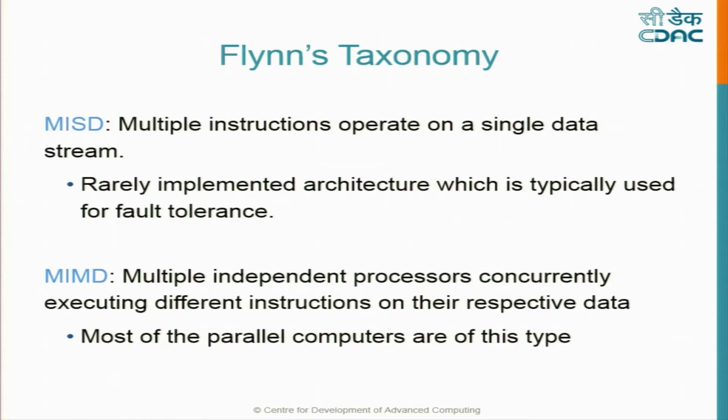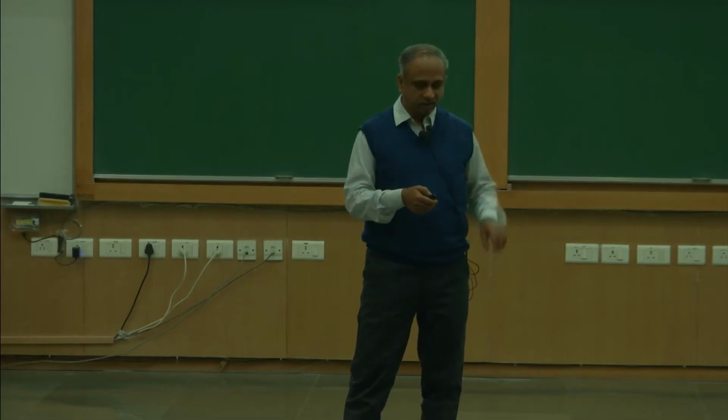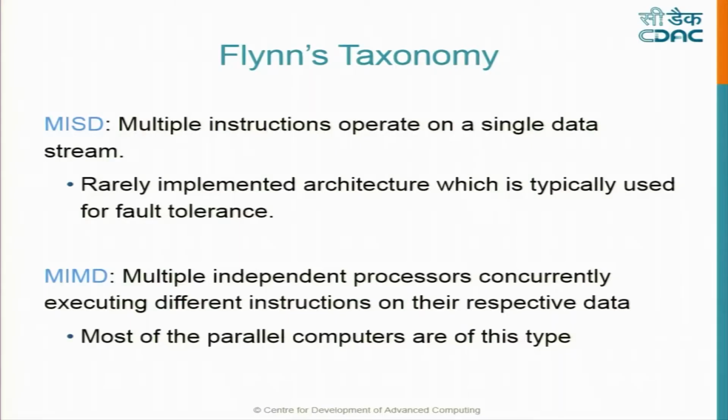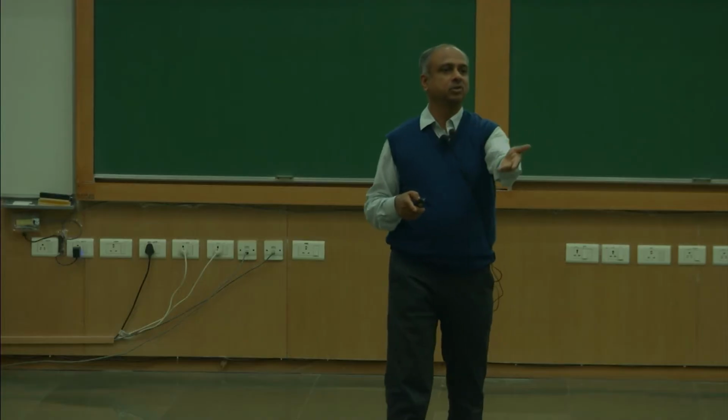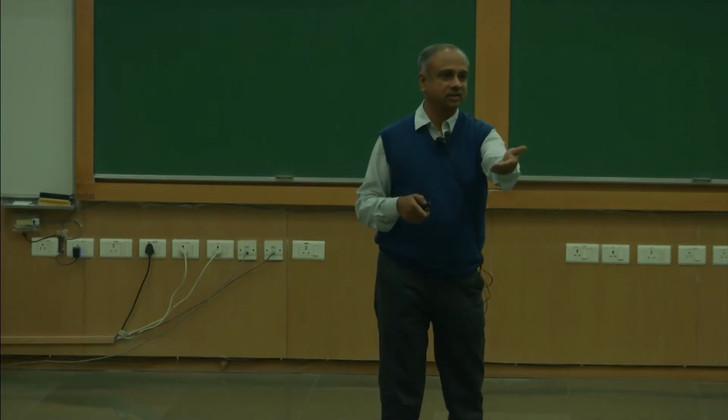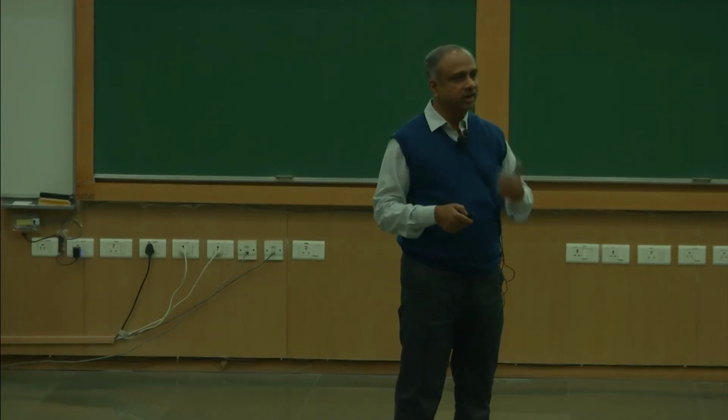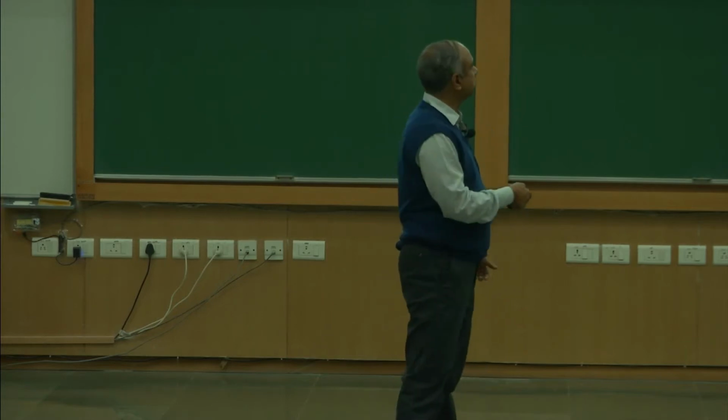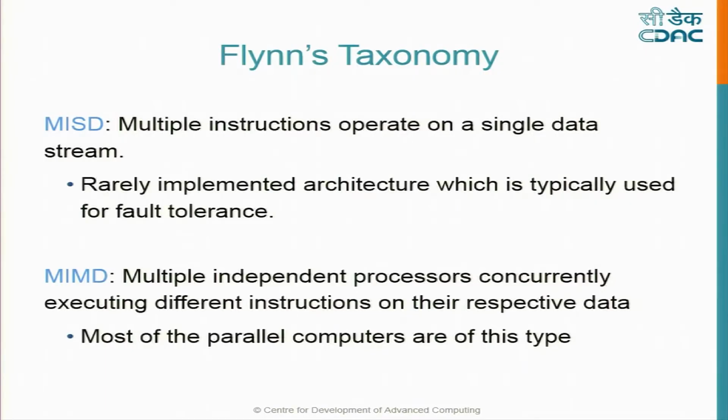There are some systems that take crucial decisions, like a nuclear reactor control, or in a railway yard, you want to decide how the signals will be generated. If you want fault tolerance, meaning 2 computers working on the same data, and if their results are matching, you say that the result is correct. So where you need redundancy, where you need fault tolerance, such systems are used, but not commonly.